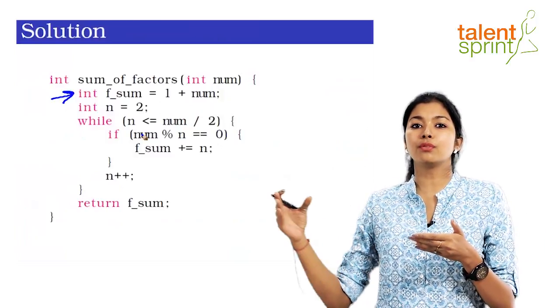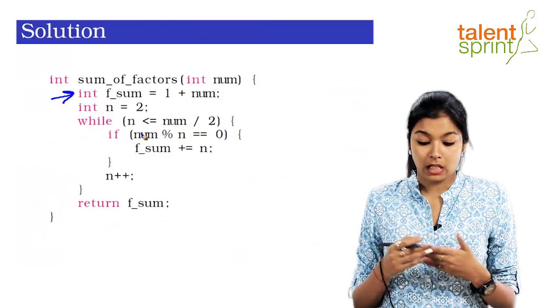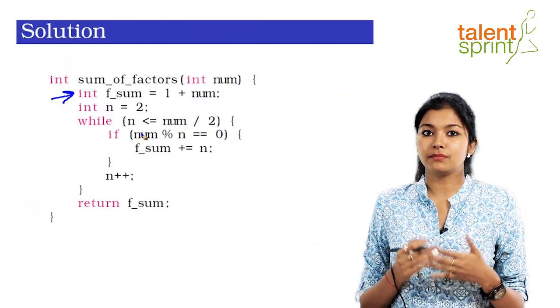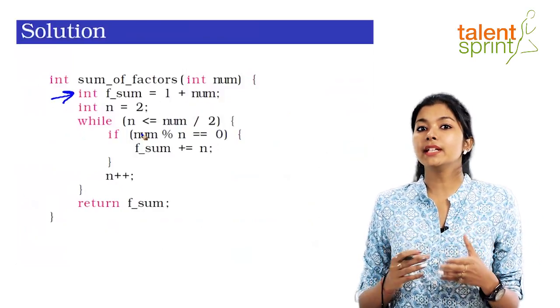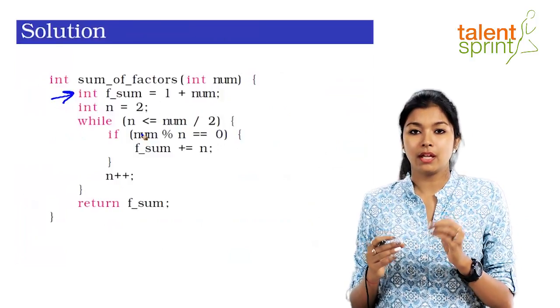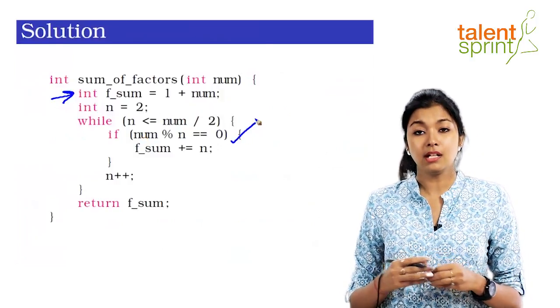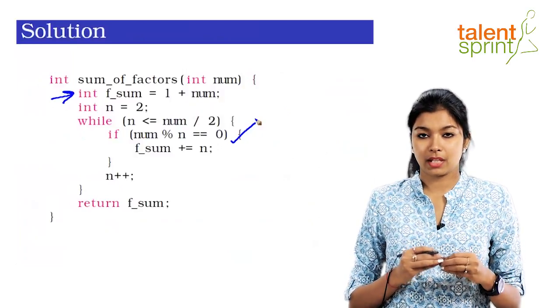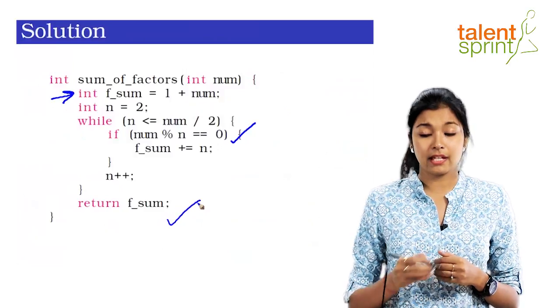So we need not go through all those iterations, we need to check only till n by 2. Now inside the while loop again, we are doing the same process like we did in the for loop before. We are dividing our number by the numbers from 2 to n by 2, and if at any point of time our number comes out to be divisible, we add it to fsum. And finally, when the while loop completes, we are returning fsum.